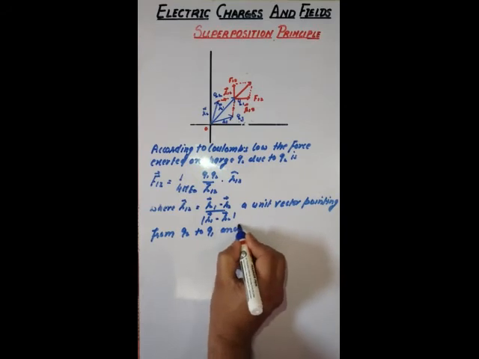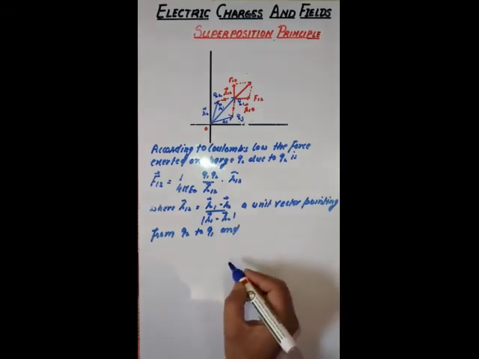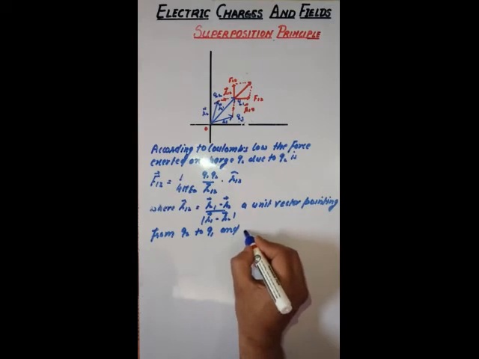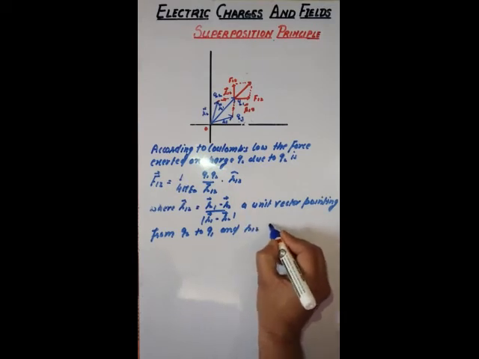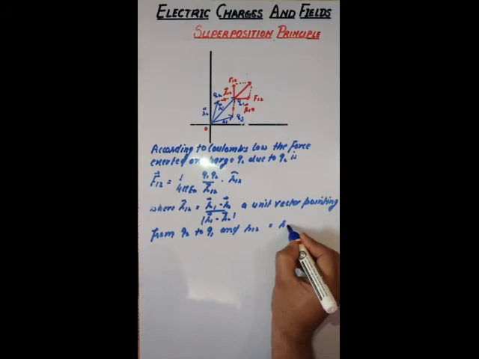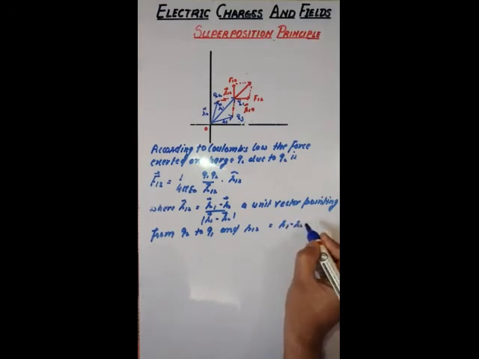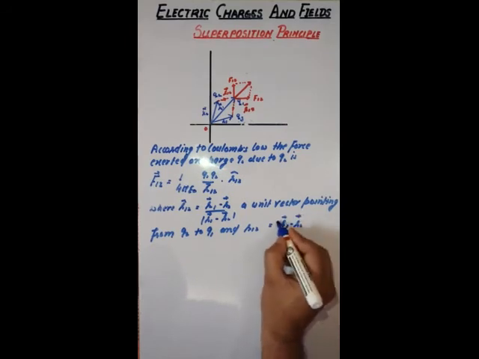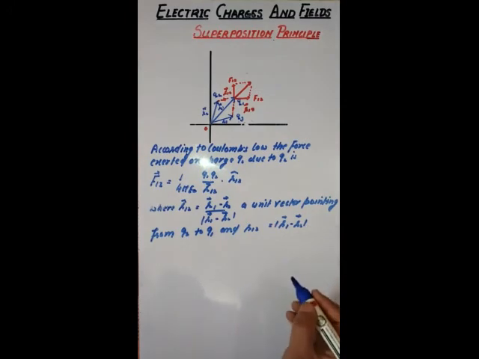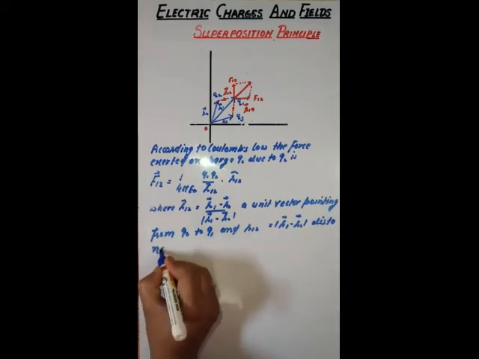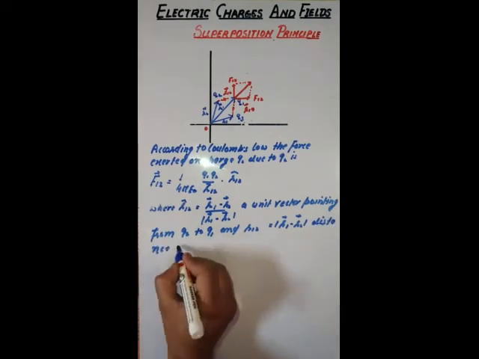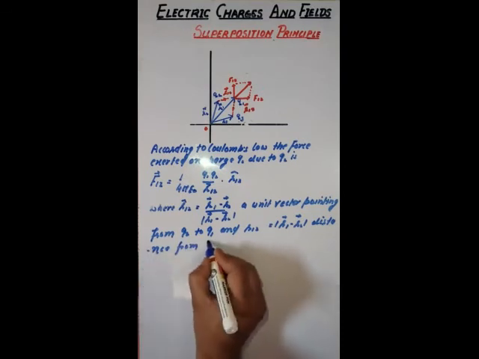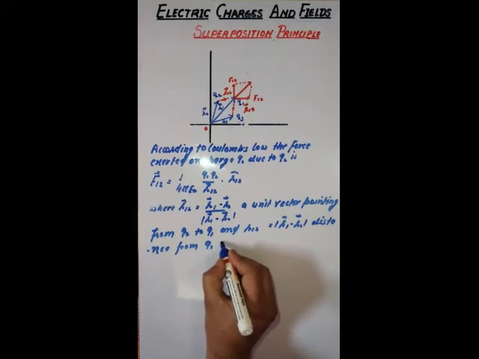And the position vector or distance R12 equals R1 subtracted by R2, the vector sign mod. The distance of Q2 from Q1.